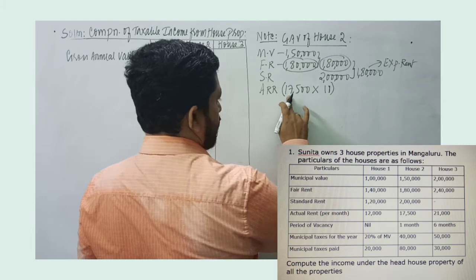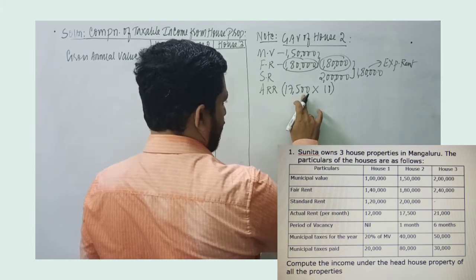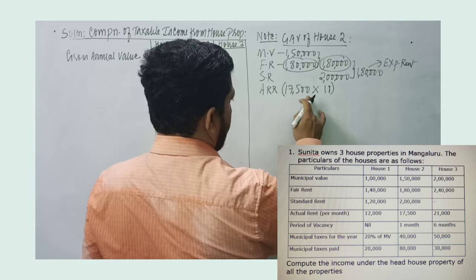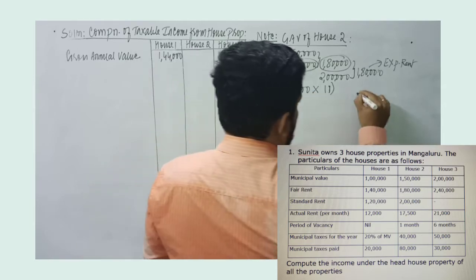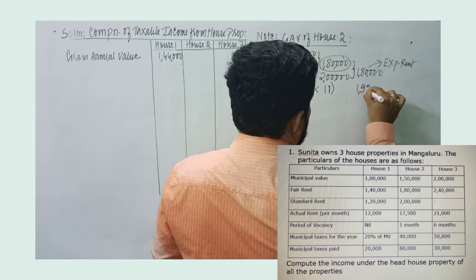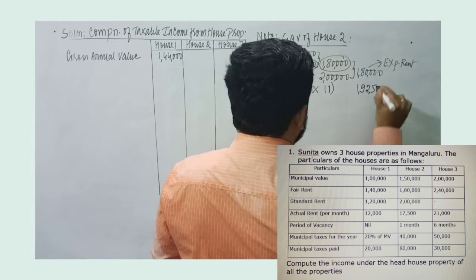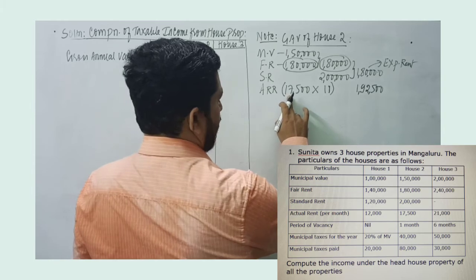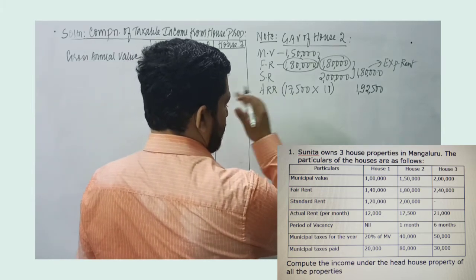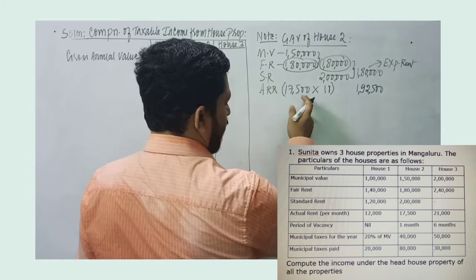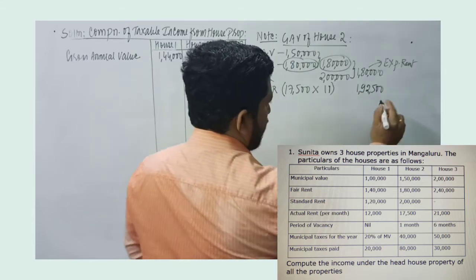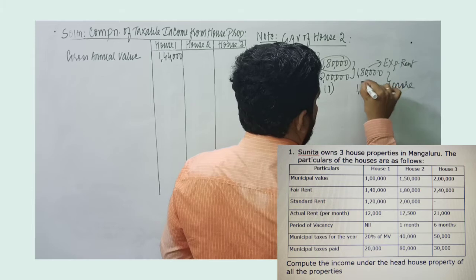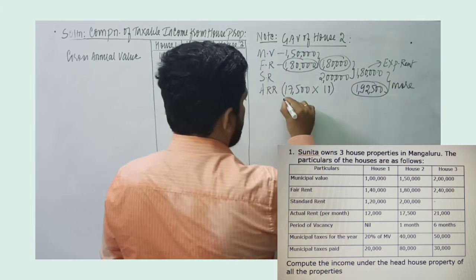So for 11 months it would be 1,92,500. So expected rent is 1,80,000 and actual rent is 1,92,500. Among the two, whichever is more, we get 1,92,500 is more.